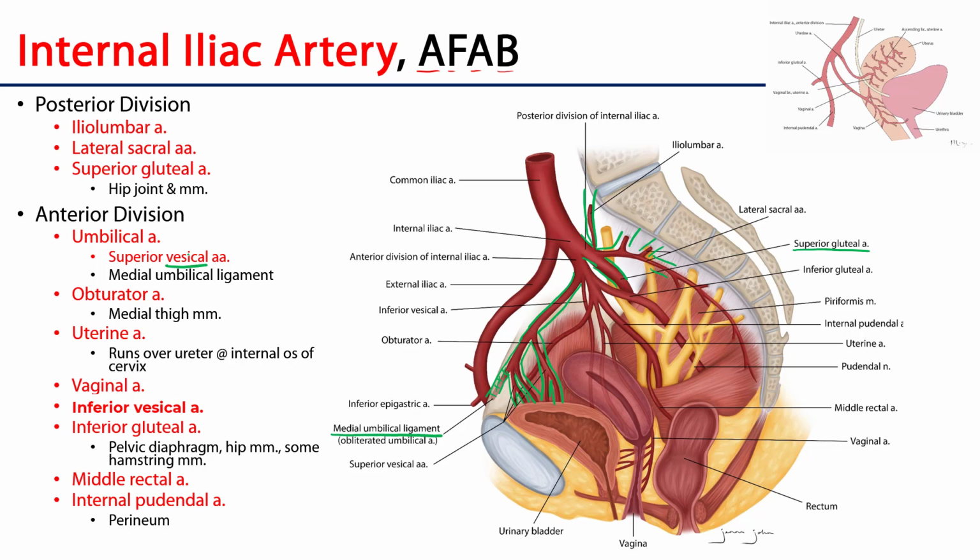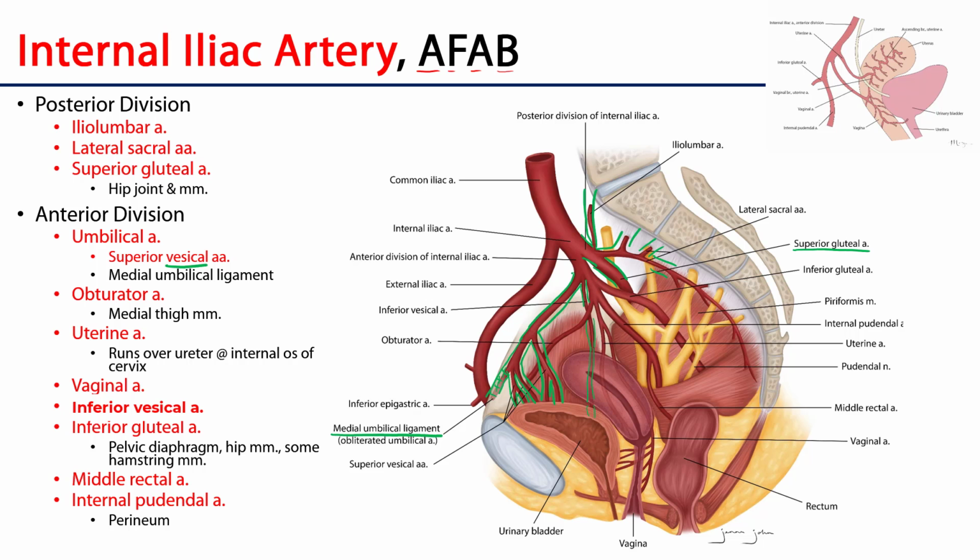Now, another major branch that we can see coming off of the anterior division here is an inferior vesicle artery, also descending down and serving the urinary bladder. Sometimes this inferior vesicle artery may be a branch of the uterine or the vaginal artery. It can be quite variable with respect to its origin.